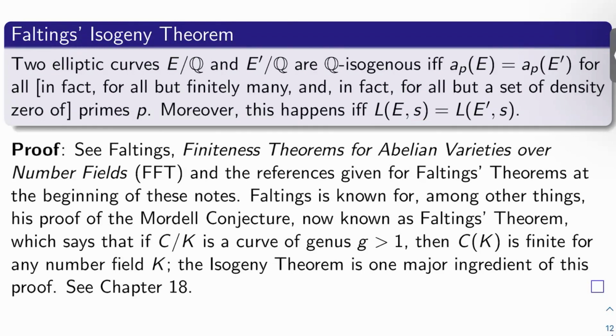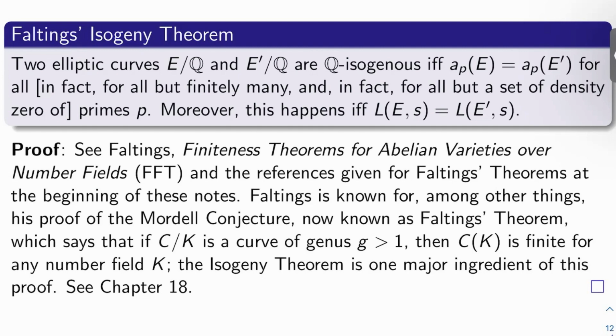Okay, so for a proof of all of Faltings' finiteness theorems, you can see Faltings' original work, Finiteness theorems for abelian varieties over number fields. But then I wouldn't start there. I would start with Darmon's Rational points on curves and the book Arithmetic Geometry for a more in-depth exposition of Faltings' theorems. Okay.